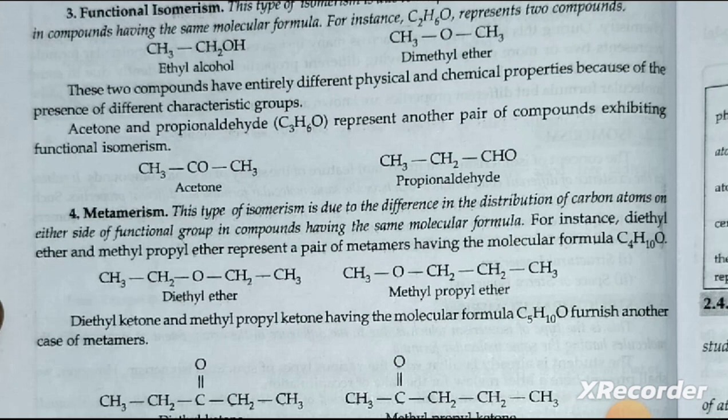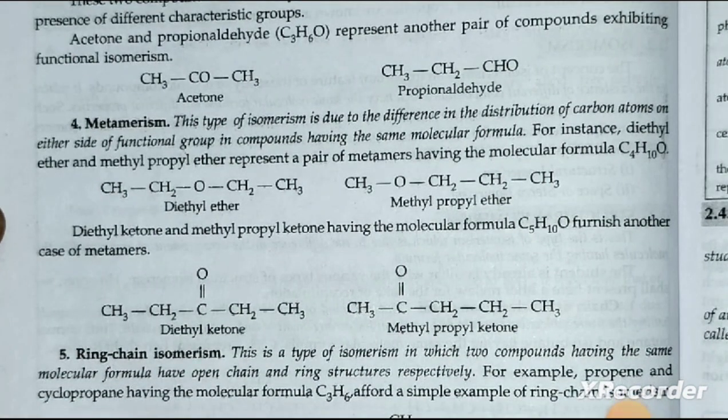Diethyl ketone and methyl propyl ketone having the molecular formula C5H10O furnish another case of metamers. CH3CH2 C double bond O CH2CH3 is diethyl ketone. Second is CH3 C double bond O CH2 single bond CH2 single bond CH3. It is methyl propyl ketone.